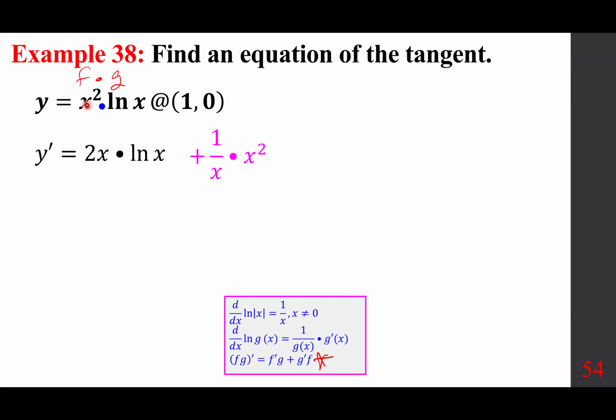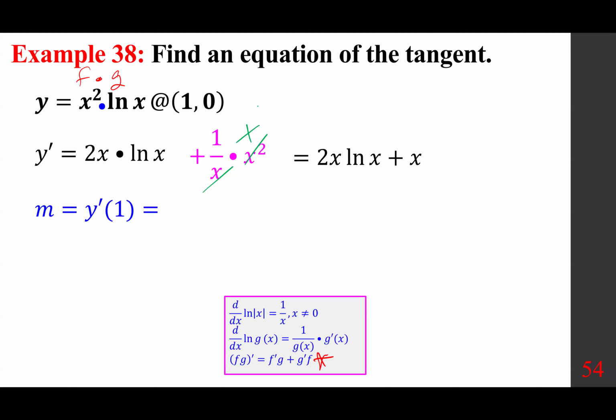To simplify, all you have to do, notice that this goes away, this changes to x. So you have 2x ln x plus x. And to come up with this slope, all you have to do, find m as y prime of 1.